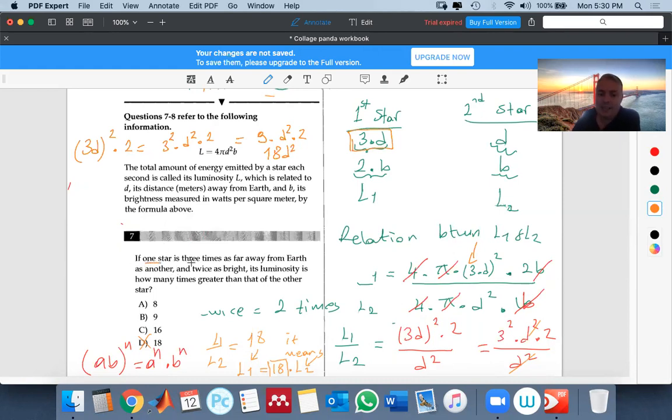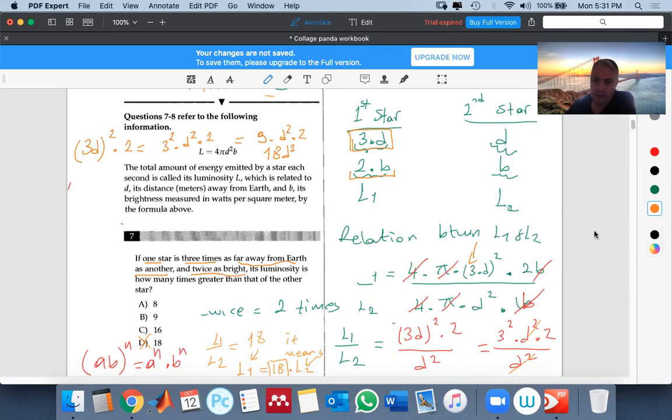The first star is 3 times, and it comes from the question, right? Okay or not now? Okay. Let me pass on, or is there still a problem?